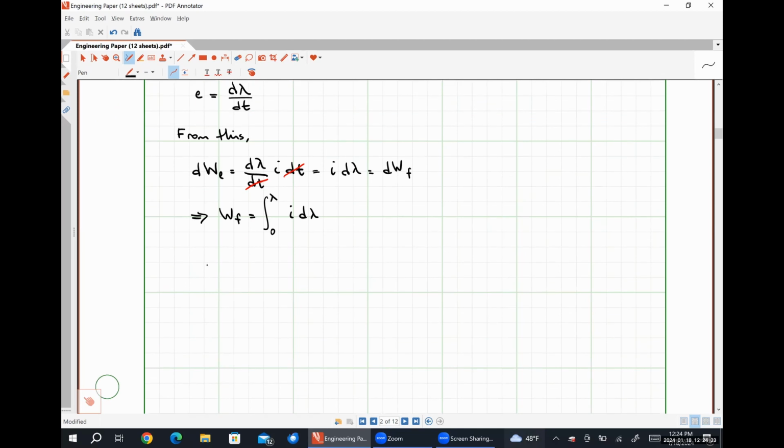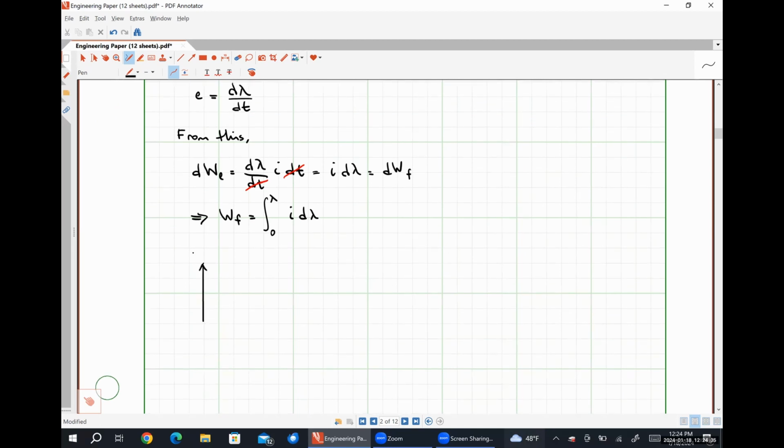I'm going to put flux linkage on my vertical axis and current on my horizontal axis, with a curve that looks something like this. For some particular air gap value, if the air gap value changes, this graph is going to change slightly, okay?